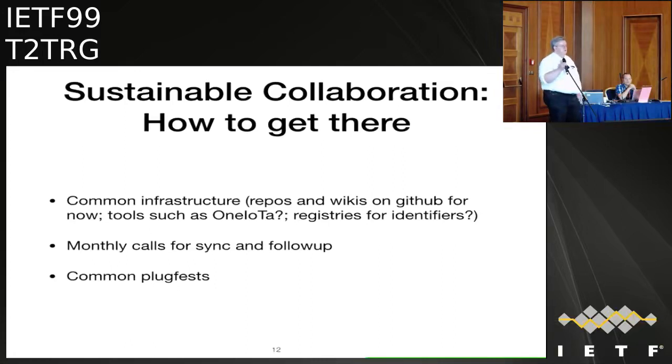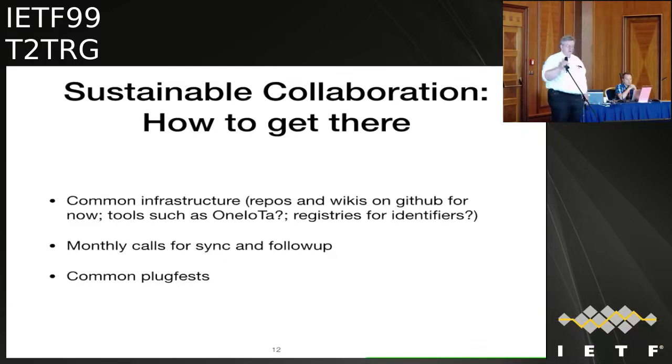For instance, OneIOTA is a tool for collecting models, and while this is a tool that is closely associated with OCF, one of the participating organizations, it actually has a wider scope, and we want to exercise using that tool to find out how well that works.